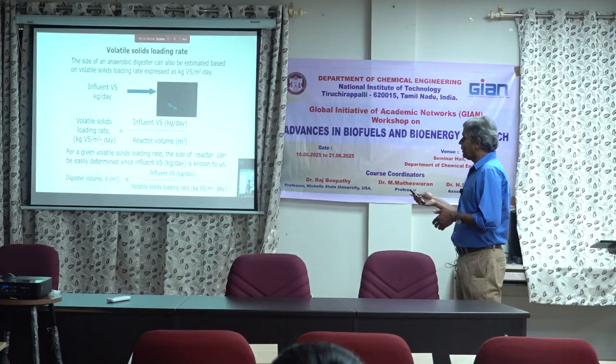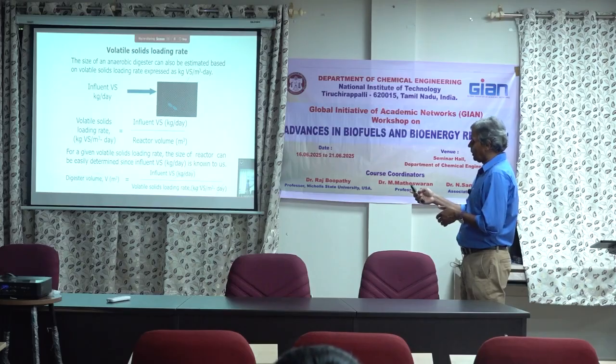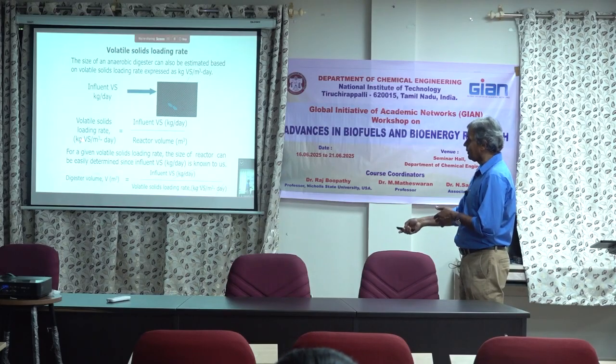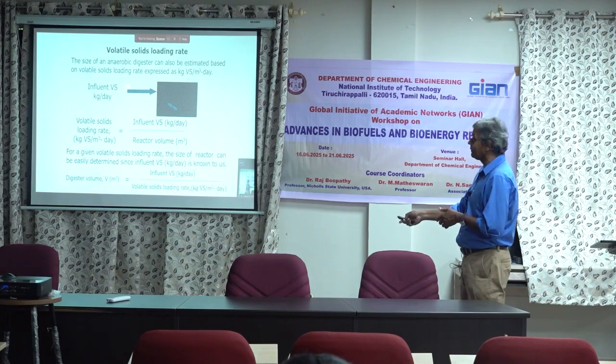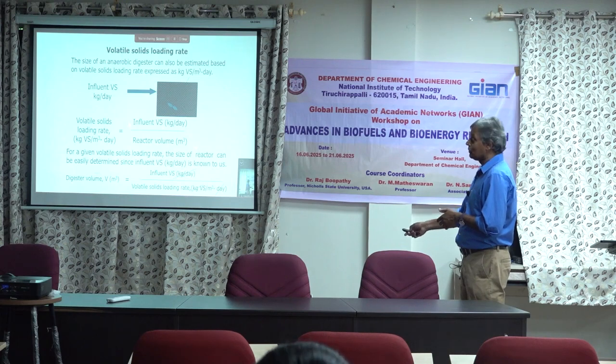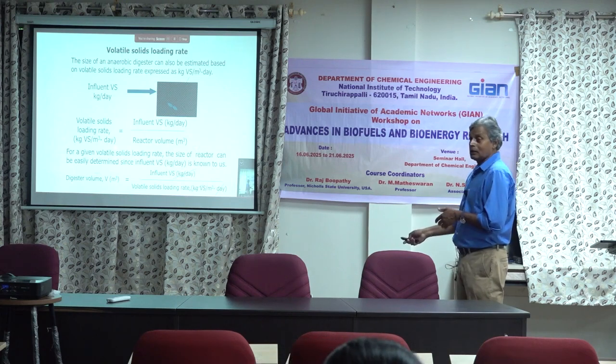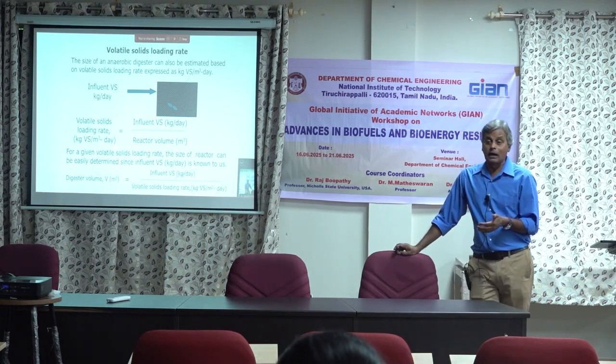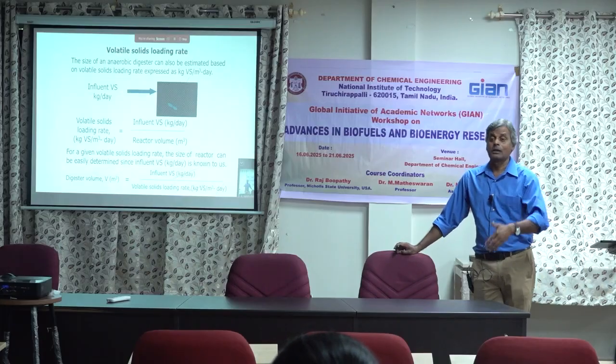If you want to know the volatile solid loading rate, that is kilogram volatile solids per cubic meter per day, it equals how much volatile solid is in your influent, that is the waste that you are treating. You need to do the analysis of volatile solid in your waste and divide that by reactor volume. That will give you your loading rate of volatile solid that you can put in your system.